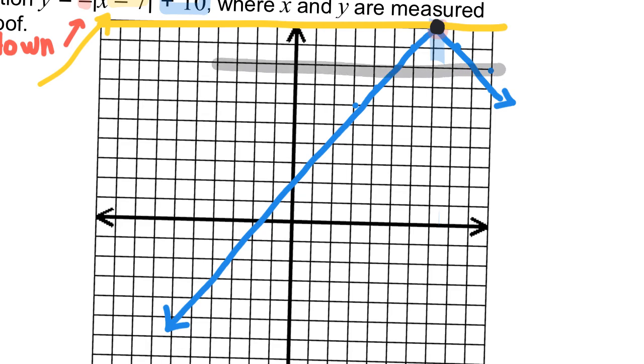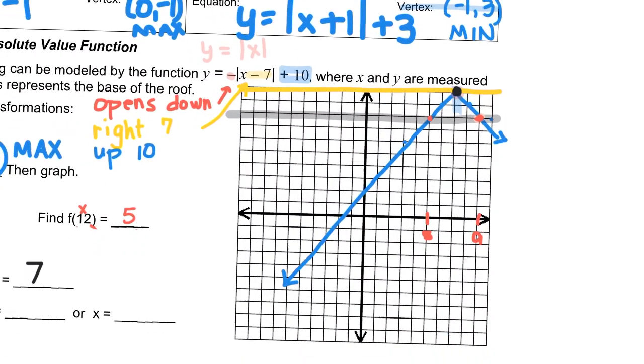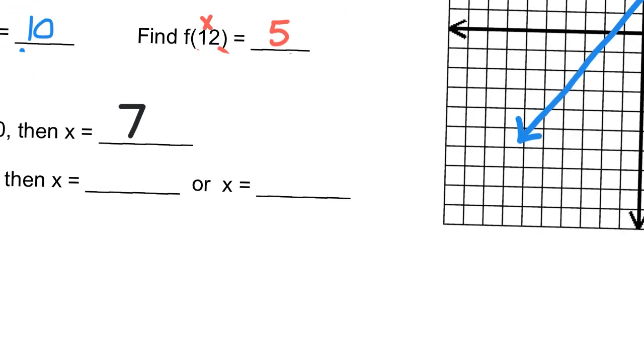That would be right here. What are those 2 points? It crosses right there. Let me do that darker. And right here. So when y is equal to 8, let's count. It looks like x is equal to 5 and x is equal to 9. So there are two solutions that we can see.